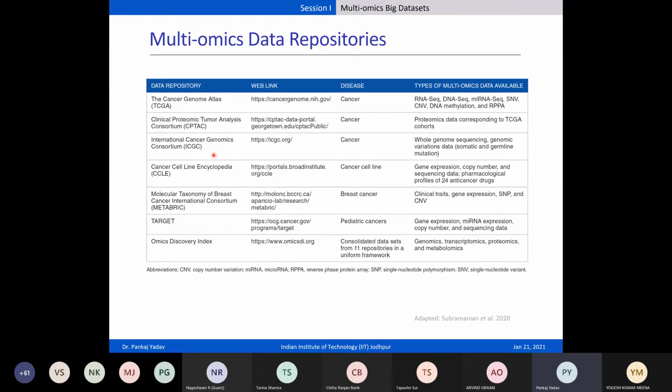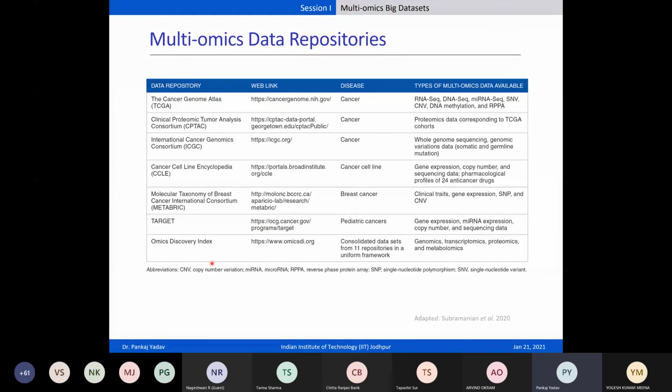And then you can also have data from the International Cancer Genomics Consortium, and there are also popular data sets like TARGET. TARGET is one of the pediatric cancer resources, where you find gene expression, miRNA expression, copy number, and sequencing data as well.